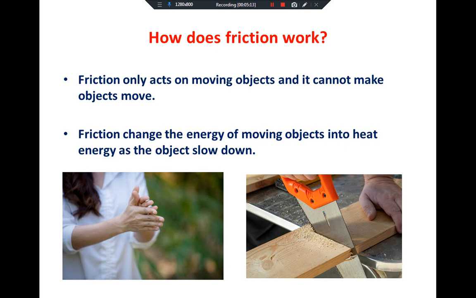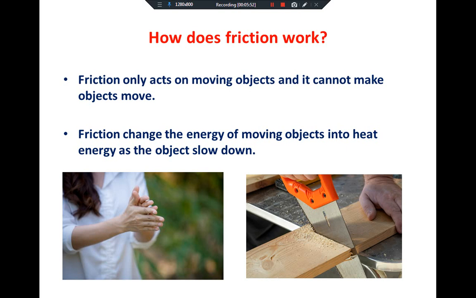Okay, so friction changes the energy of moving objects into heat energy as the object slows down. As you can see, a carpenter uses a saw to cut wood. Although the saw is quite sharp, when the carpenter finishes cutting the wood, if you touch the saw and the wood that has been cut, you can feel the heat.